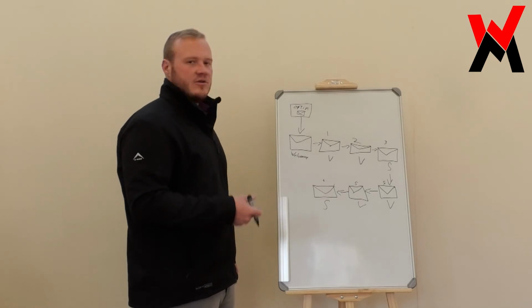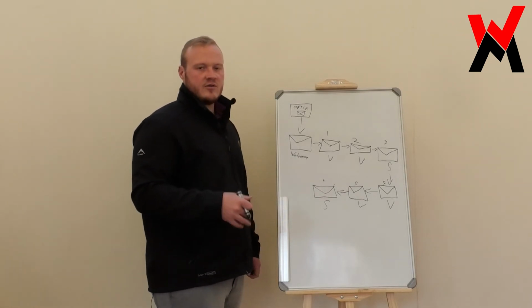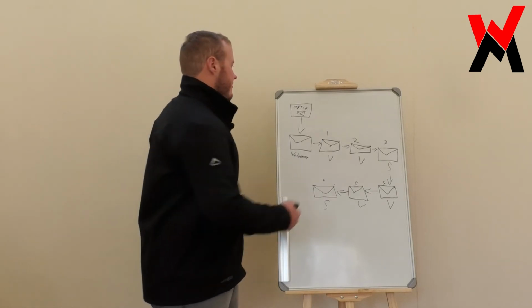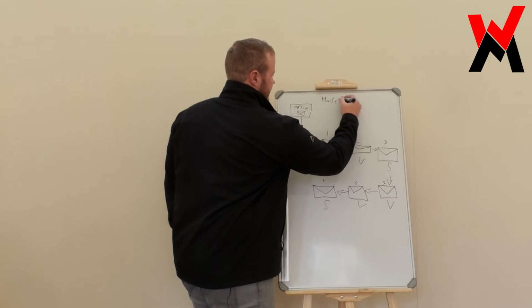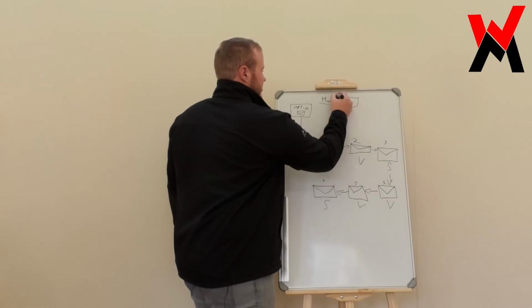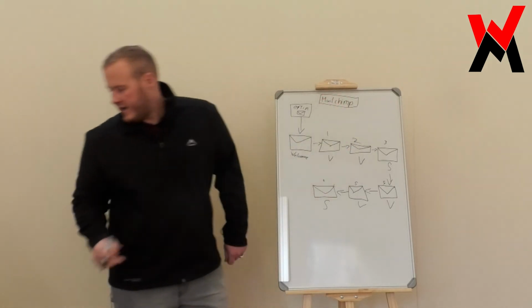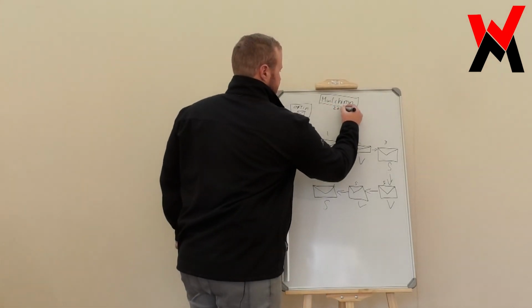So what software can you use for this type of system? There are hundreds of them out there. I'll tell you what we've used personally. The first one is MailChimp. MailChimp is really easy to use, and you can get up to 2,000 leads in there.